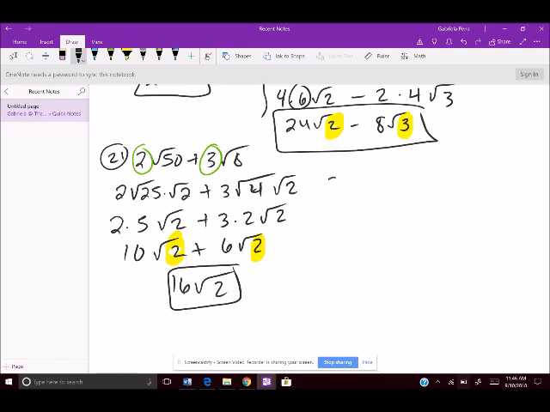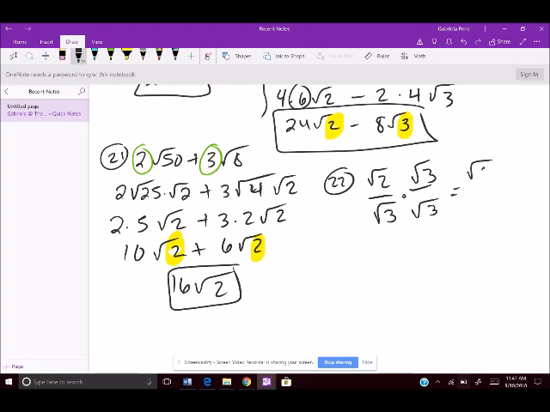Number 22, I'm going to do here because I'm going to need more room for 23. When it's asking for you to rationalize, what do you have to do? Multiply by your denominator. So we're supposed to multiply by our denominators, which was the square root of 3. Square root of 2 and square root of 3 is?